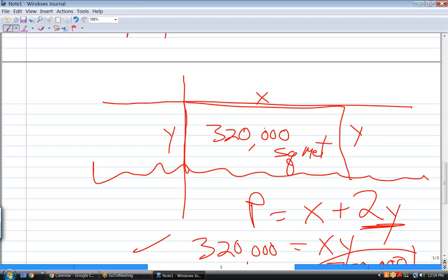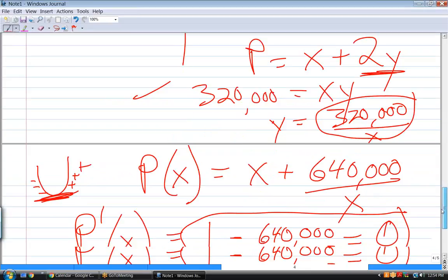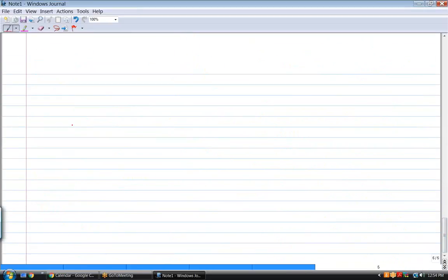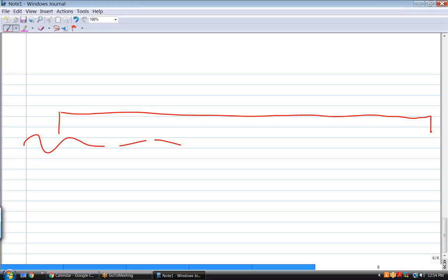Well, this one gives the area, and they want you to find out the minimum amount of wood to make that area. Notice that I could draw it this way, so that I have the same area, but it would be a lot more wood.